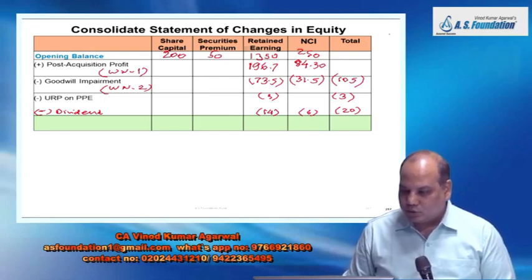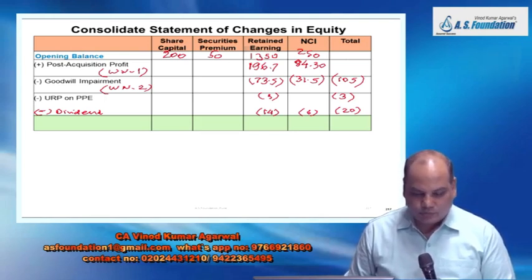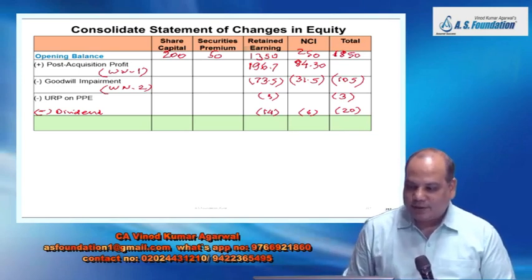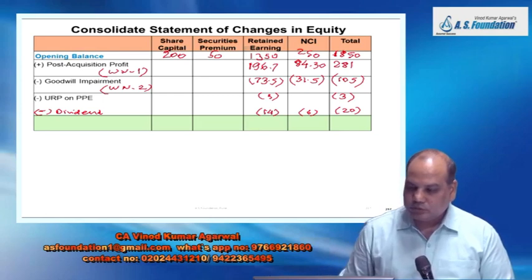Okay, now you tell me the total of opening balance line. 18? Write neatly. One day this question will come in your exam also. And then take total of post acquisition profit, both figures. 281. Goodwill impairment 105. Unrealized profit on PPE 3.